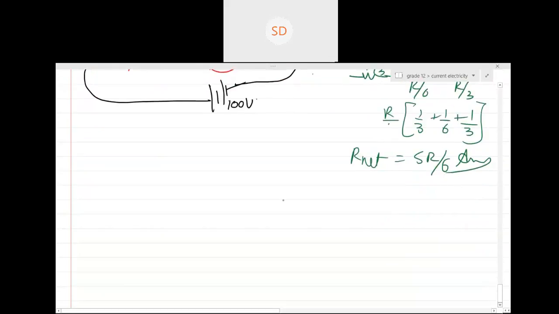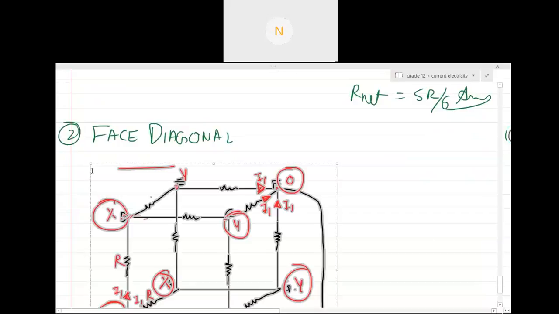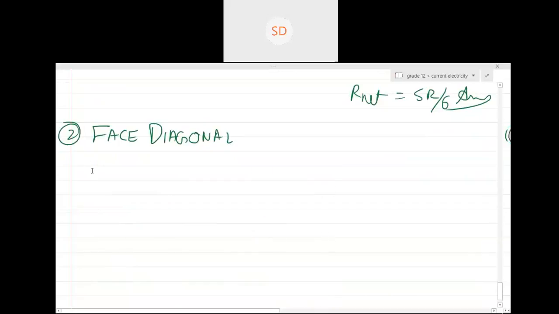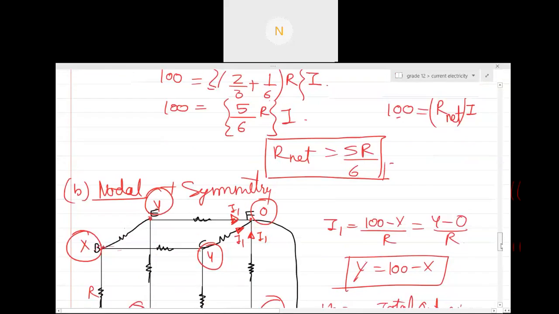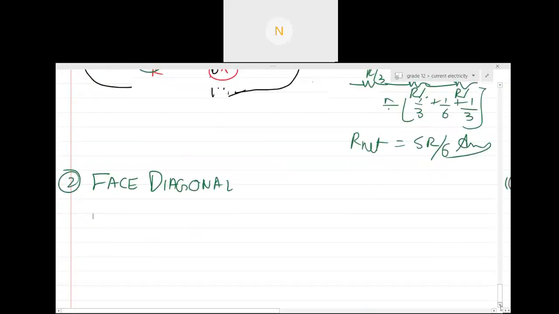So let's do the second part. Along phase diagram. Okay. I think I will need to make the circuit again.